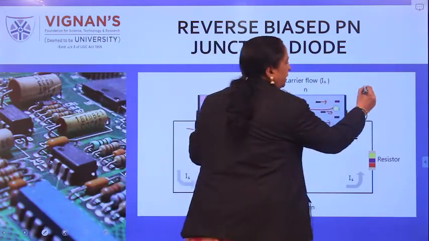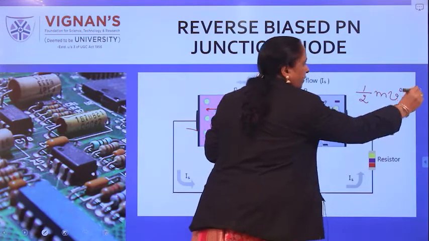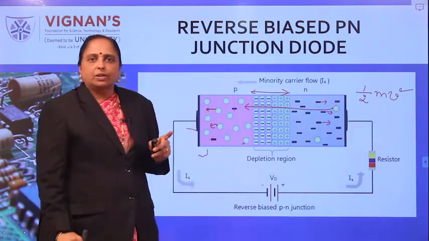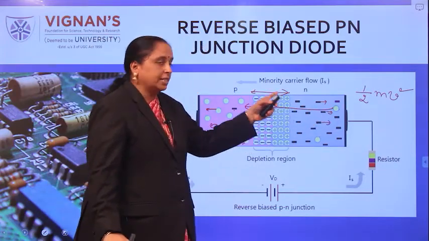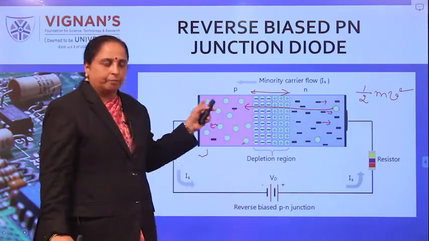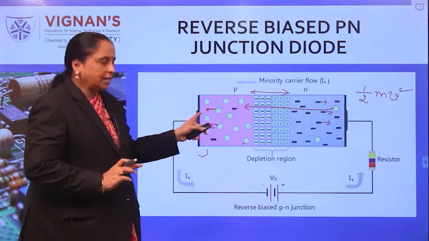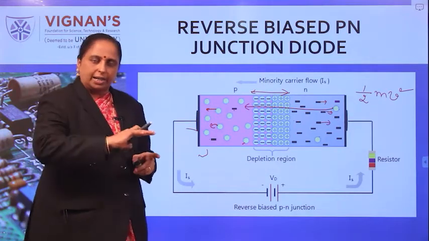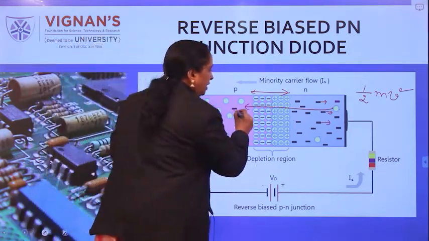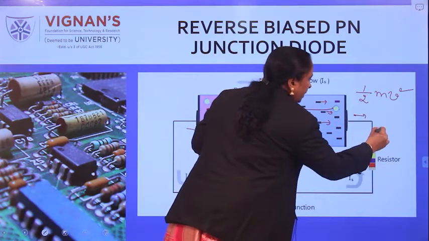What is kinetic energy? Kinetic energy is equal to half m v squared, the velocity squared. So with high velocity, the kinetic energy is sufficient to cross this barrier. Similarly, the holes are majority charge carriers, and the minority carriers are electrons. Again, electrons will attain a high kinetic energy and easily cross the barrier and come out of the material.